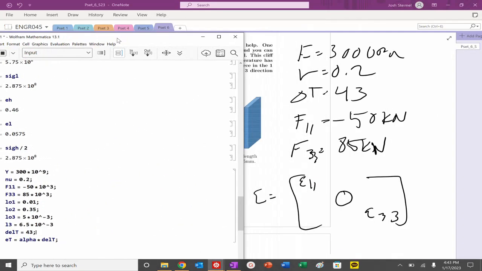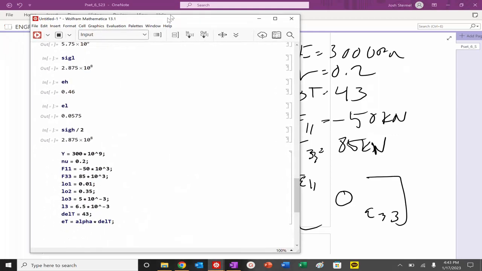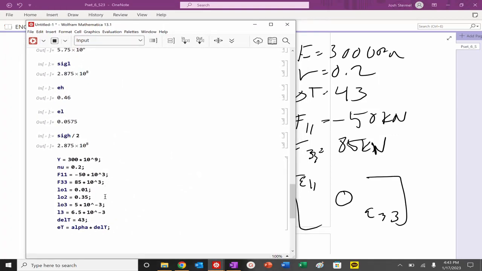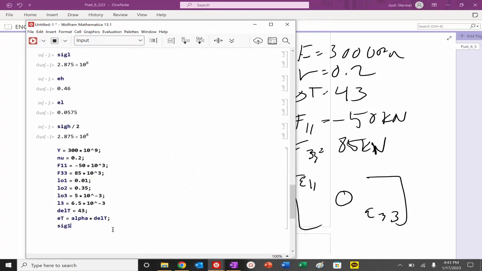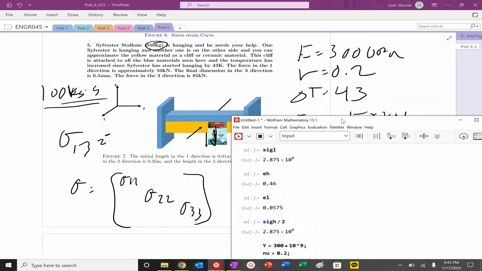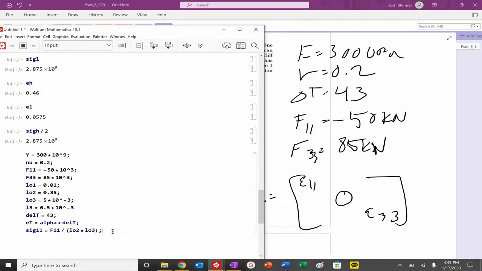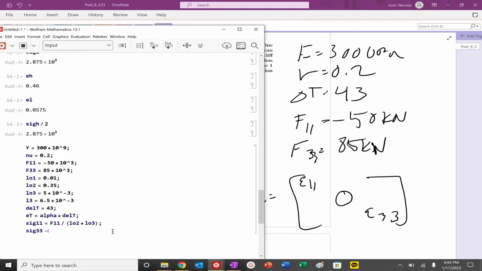What else do we know here? There's a lot. I know my F11, so I know that my sig11 will be equal to F11 divided by L02 times L03, because in the 1,1 direction, it's length 2 times length 3. I know that my sig33 is going to be equal to F33 divided by L01 times L02.